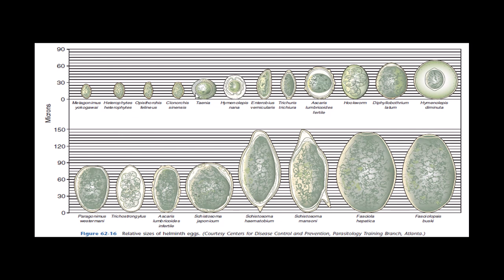Taenia eggs, and the Taenia that has the double shell, for example, can easily be differentiated. Hymenolepis nana, Hymenolepis diminuta, for example, and the Fasciolopsis buski, Fasciola hepatica.